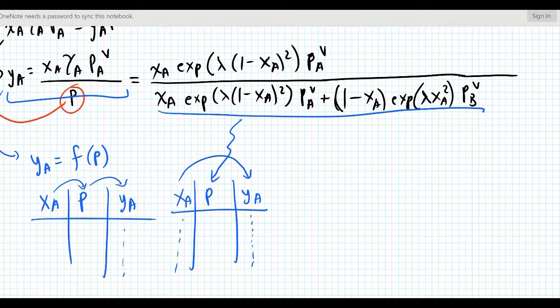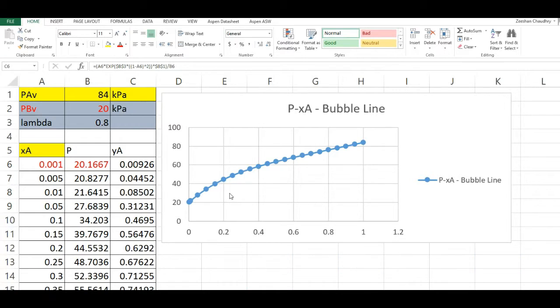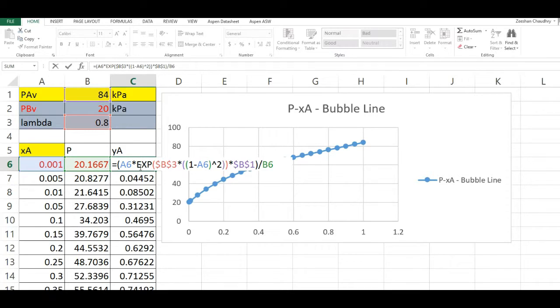So now let's go back to Excel and see how this looks. Okay, so here we are back in Excel. Here we have our yA values. You can see, based on what was derived before, we just have the same numerator that we saw before for yA, and then the B values in the denominator are just the pressure of the vapor, or these pressures P that we have over here.